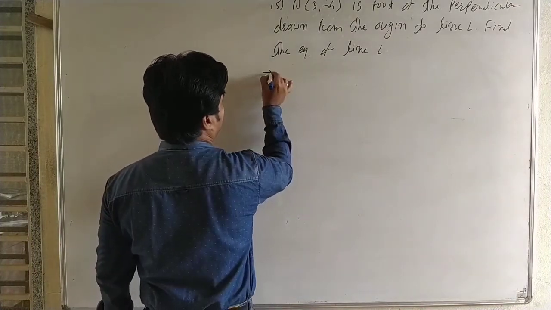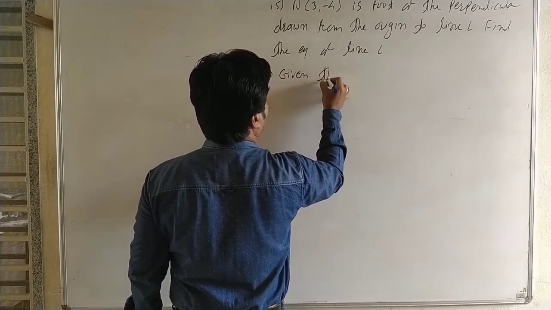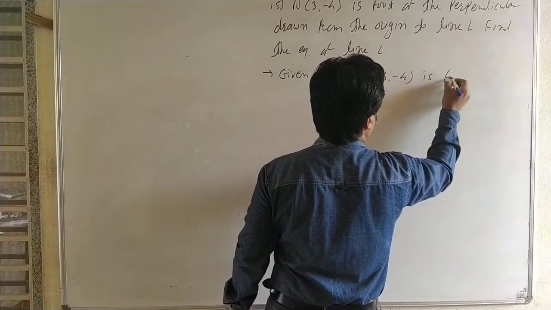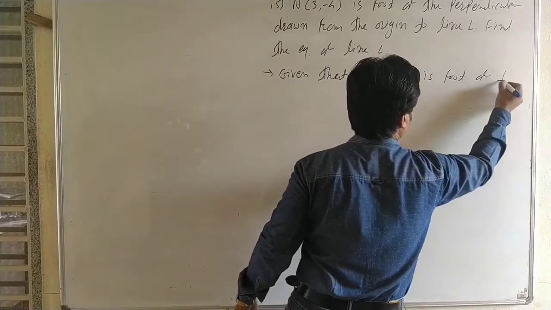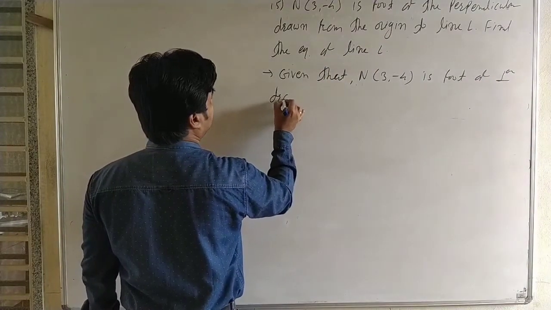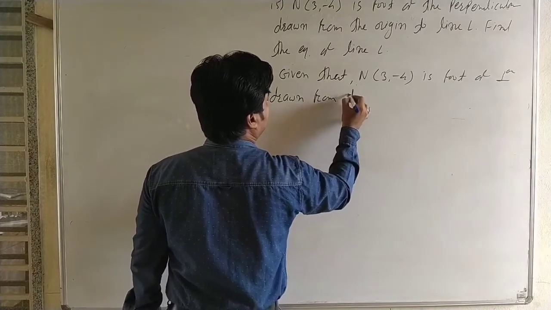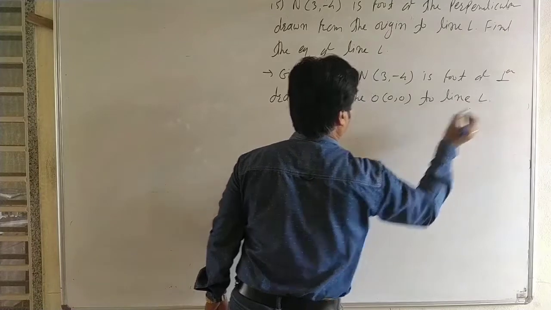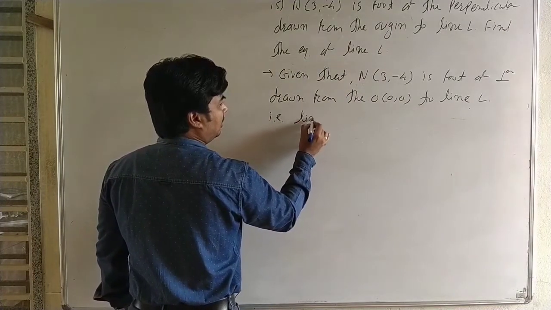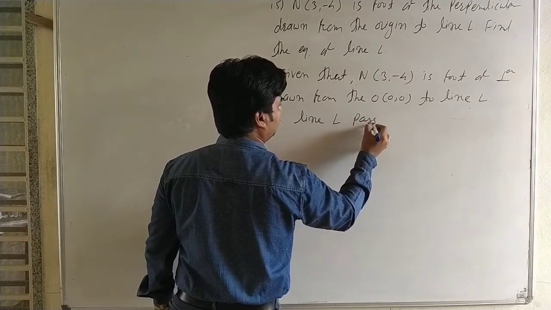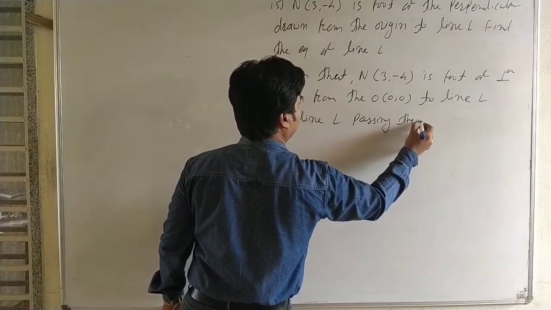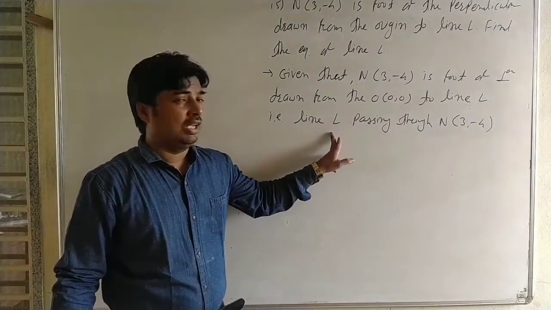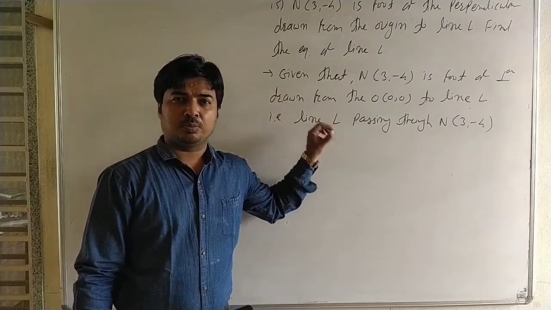Here it is given that N 3 comma minus 4 is the foot of perpendicular drawn from the origin to line L, that is, line L passing through N. Here we want to find the equation of line L. To find the equation of a line, we need the passing through point and the slope of the line.